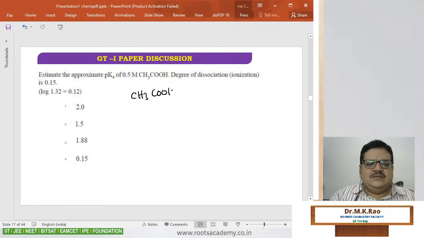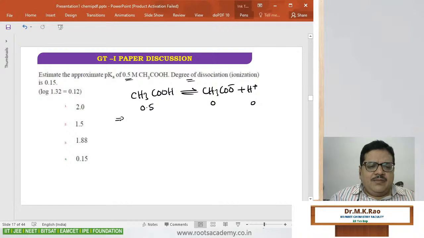Acetic acid undergoes dissociation giving acetate ion plus H plus ion. Now the degree of dissociation is given. Initial concentration 0.5, 0.5, 0, 0. Now equilibrium concentration 0.5, 0.5 minus alpha, alpha, alpha.